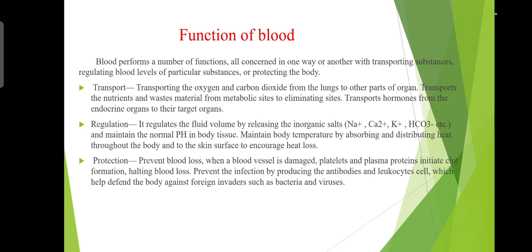Regulation: it regulates fluid volume through inorganic salts, for example sodium, calcium and potassium, and maintains normal pH of body tissue. It maintains temperature by absorbing and distributing heat throughout the body and to the skin surface to encourage heat loss. Protection means preventing blood loss. When a blood vessel is damaged, platelets and plasma proteins initiate clot formation, halting blood loss.